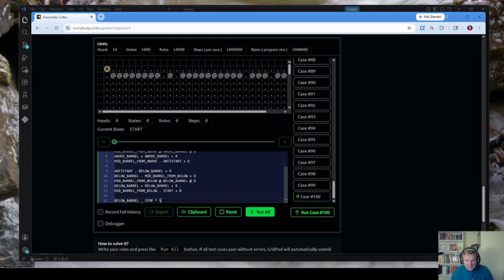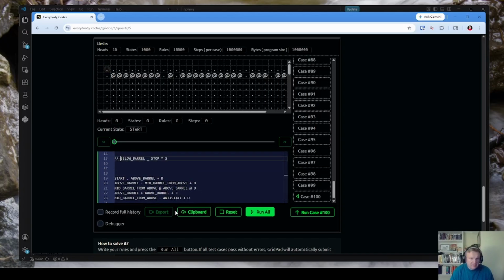Okay, so I think that the first right thing might need a... Okay, so let's... I'm going to comment that out to signal that I'm going to get rid of that. So then this will be right of barrel.